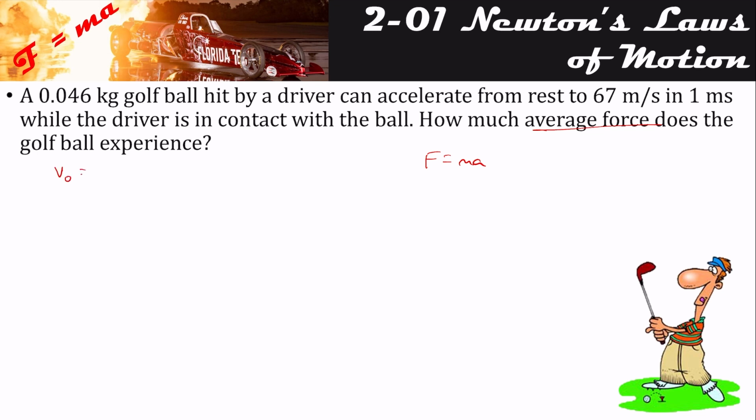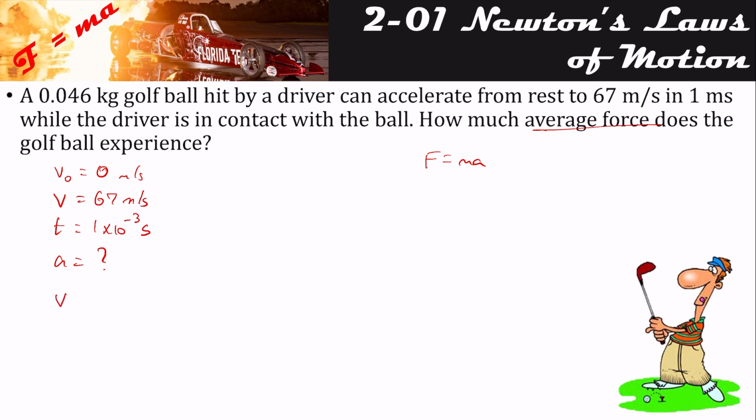We know our initial velocity is 0 because it says from rest. We know our final velocity is 67 meters per second. We know our time is 1 millisecond, so it's 1 times 10 to the negative 3 seconds. And I want acceleration.